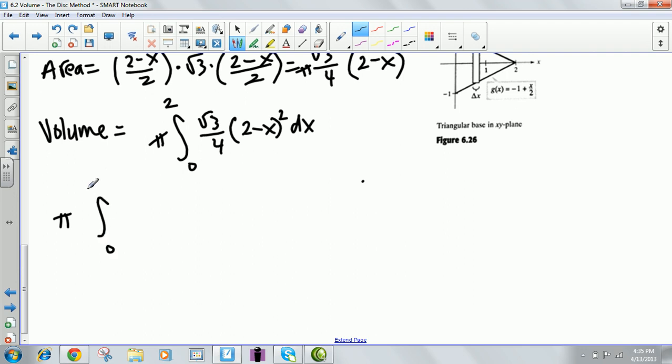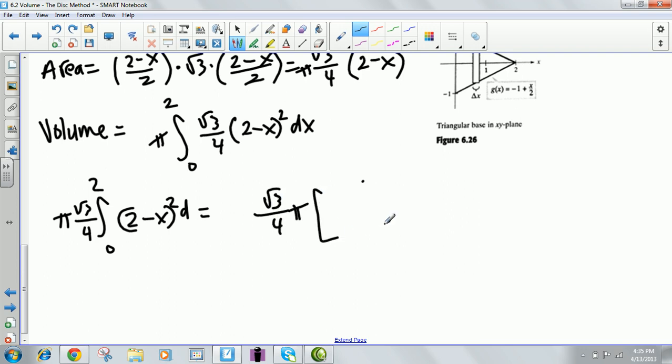Now you can use u substitution. I'm going to bring this radical 3 over 4 out. When you use u substitution, you end up with the volume as just negative quantity 2 minus x to the third all over 3.